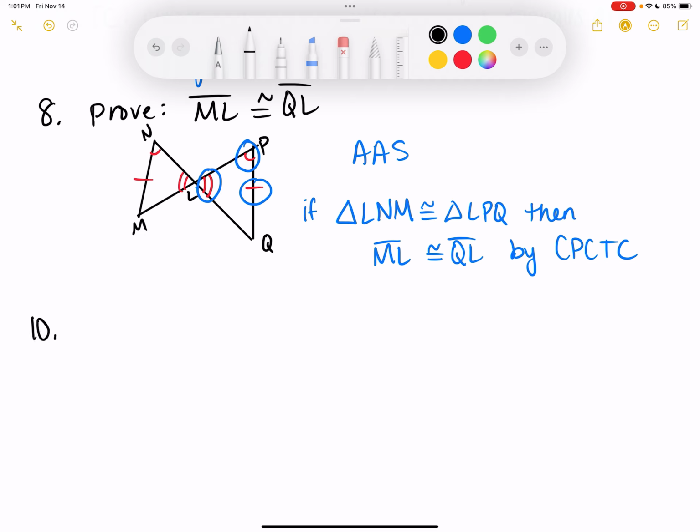Number 10, same instructions. It says to prove that KL is equal to NL. Essentially it's saying the measures are equal to each other.